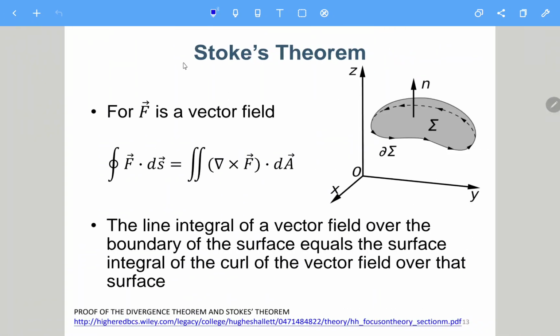Okay, so the next one is called the Stokes theorem. Actually, Stokes was the teacher of Maxwell. When Stokes found the Stokes theorem, he tried to make it an examination problem. And of course, it is difficult to prove.